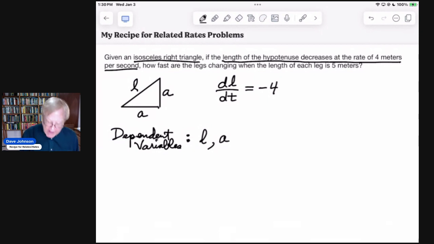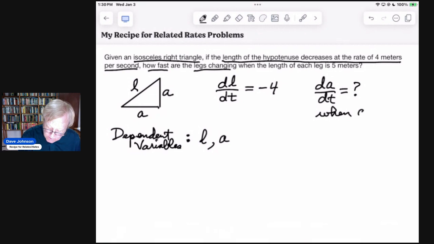And what we're asked to find is how fast are the legs changing, when each leg is 5 meters long. So we're specifically being asked for dA/dt, question mark, when A is equal to 5.